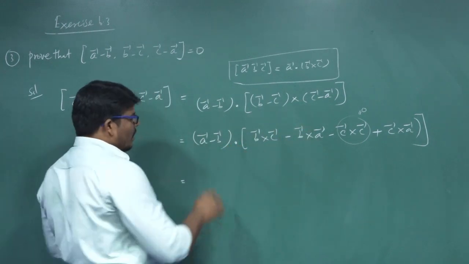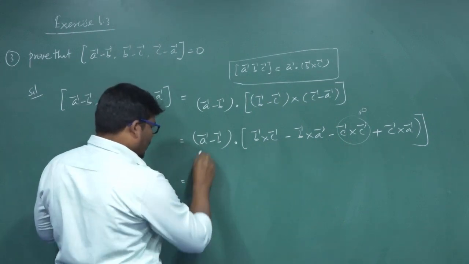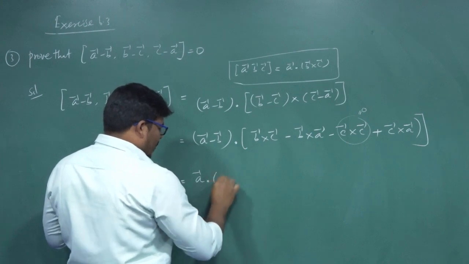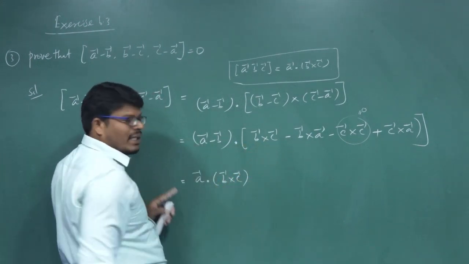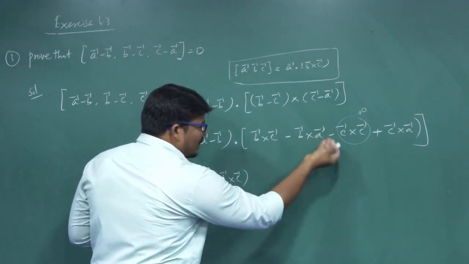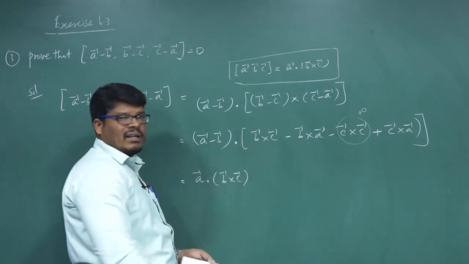Now multiply the dot product of A vector with all these terms. The first one is A vector dot B vector cross C vector. The next one, minus B vector cross A vector, we write by interchange as plus A vector cross B vector.